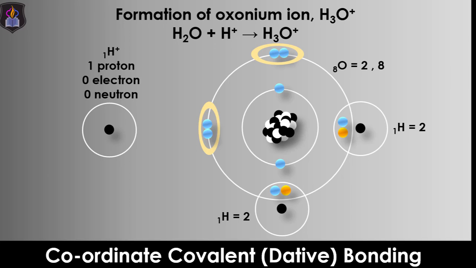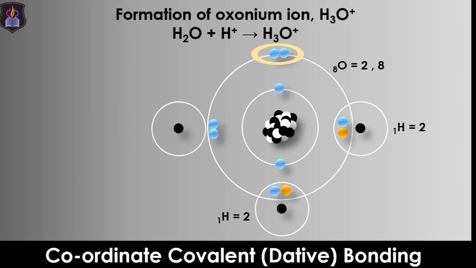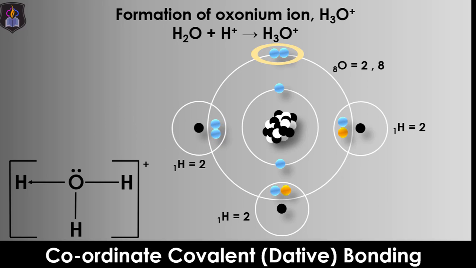So the water molecule uses one of its lone pairs of electrons to form a coordinate or dative bond with the hydrogen ion. The positive charge of the hydrogen ion is transferred to the oxonium ion.